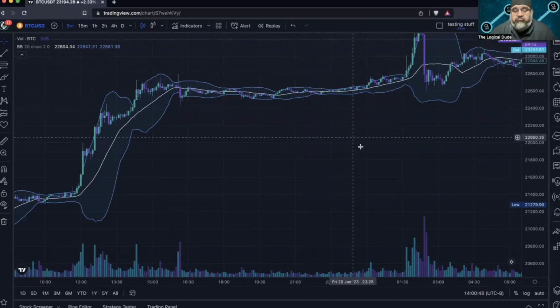To wrap this whole thing up here, the Bollinger Bands are a very powerful tool used by traders to help measure volatility in the markets, and it's also used to help measure overbought and oversold conditions. But I reiterate this again, none of these indicators are meant to be used by themselves, okay?